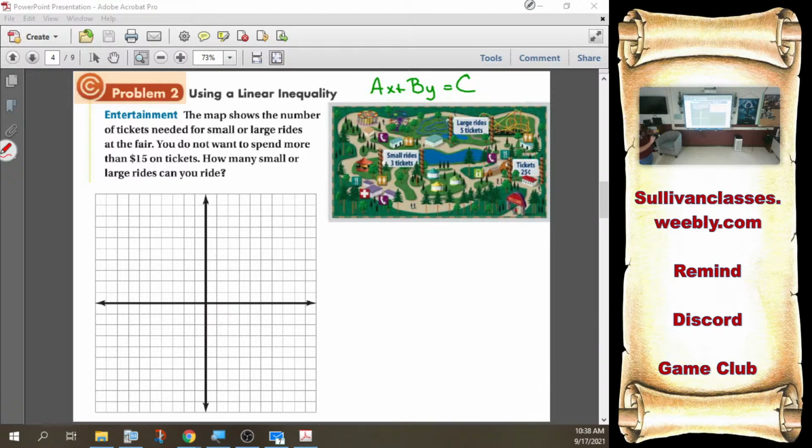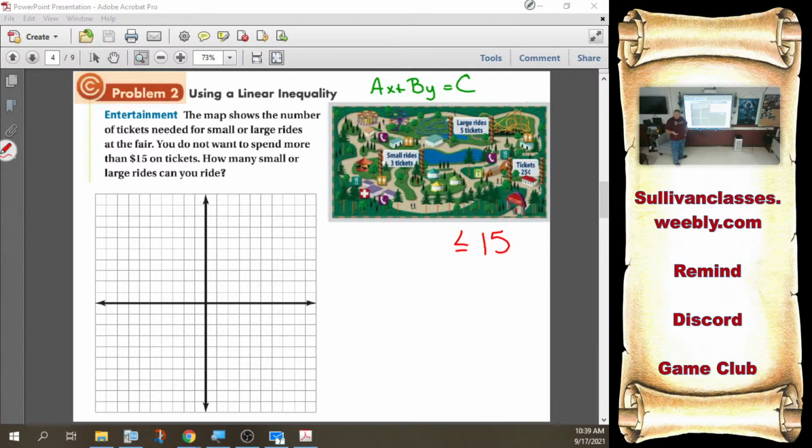Dollars, $15. But here's the thing. We're in the inequality section, not equations. You do not want to spend more than $15. Less than or equal to, because I can spend 15 bucks, but I don't want to go over that. Less than or equal to 15. Okay, now I have 2 variables, an x and a y.